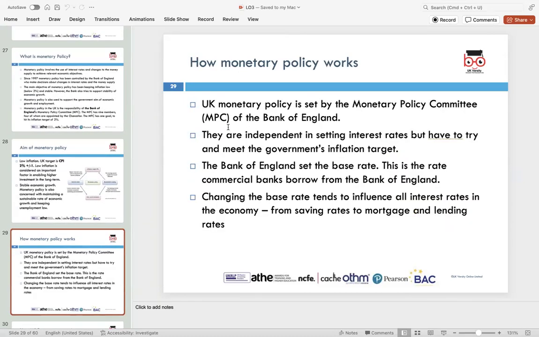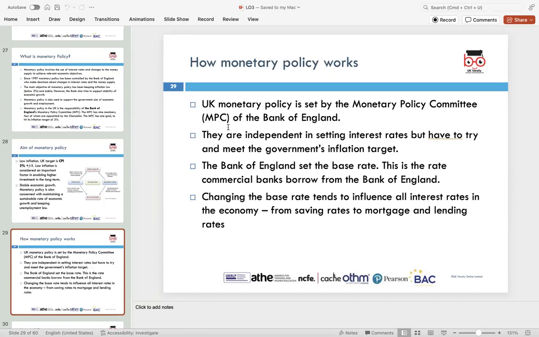How does monetary policy work? The Monetary Policy Committee of the Bank of England is responsible for determining the monetary policy of the United Kingdom. They have the ability to independently determine interest rates. They are obliged to strive to meet the inflation target established by the government. The base rate is predetermined by the Bank of England.